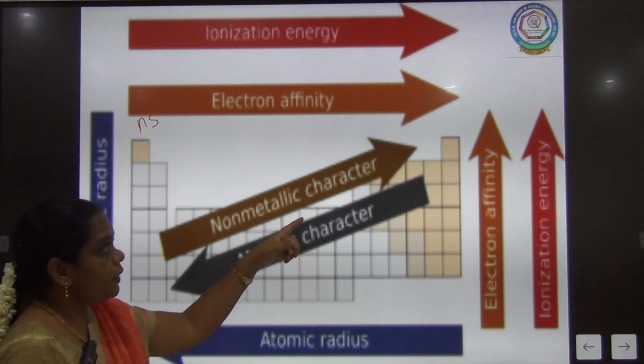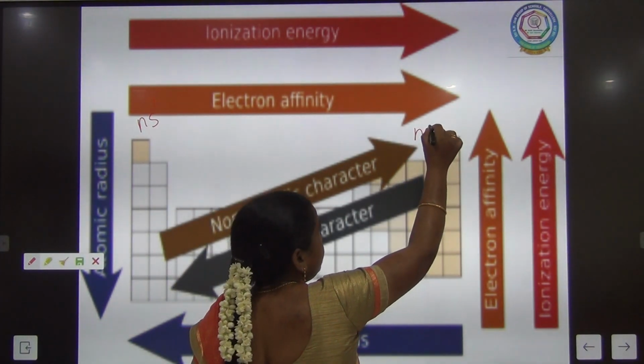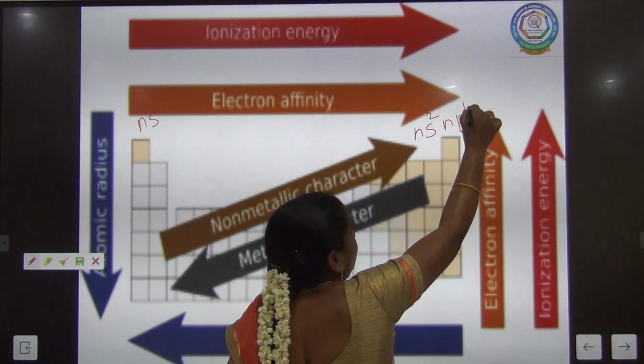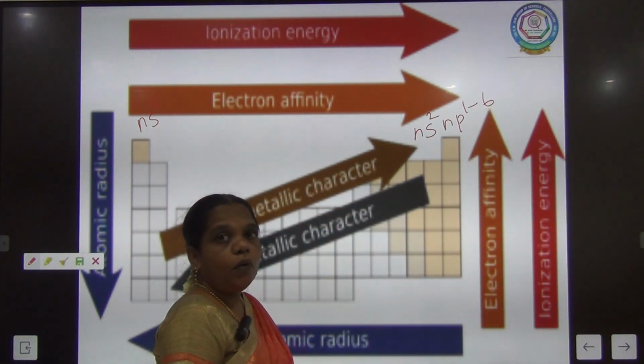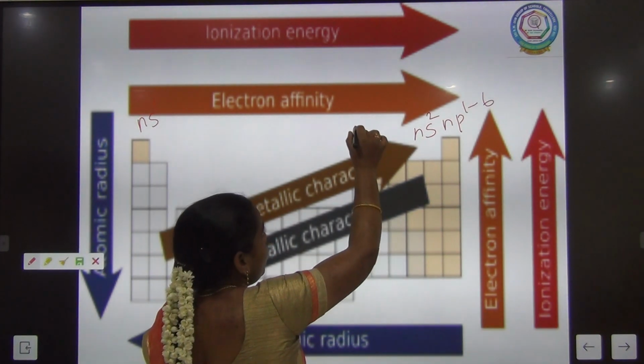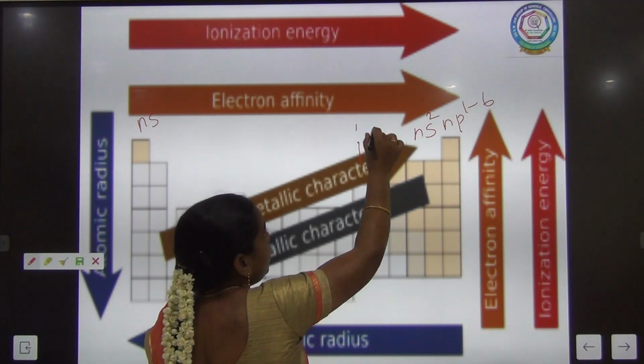And if you come to the p block elements, the general electronic configuration is ns2 np1 to 6. The first group of the p block has 1 electron in the p orbital, and here 2.